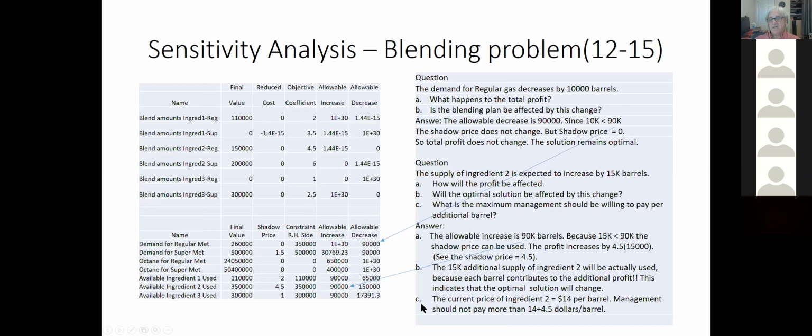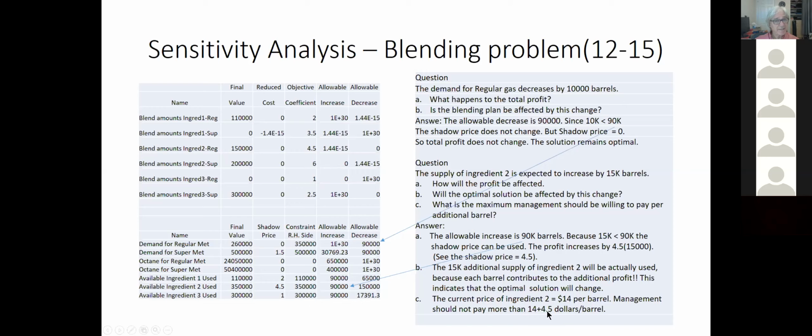Well, each additional barrel is increasing the profit by $4.50. So for the additional amount, management should be willing to pay $14 that they already paid, plus a maximum of $4.50. If they pay more than $4.50, they lose money.